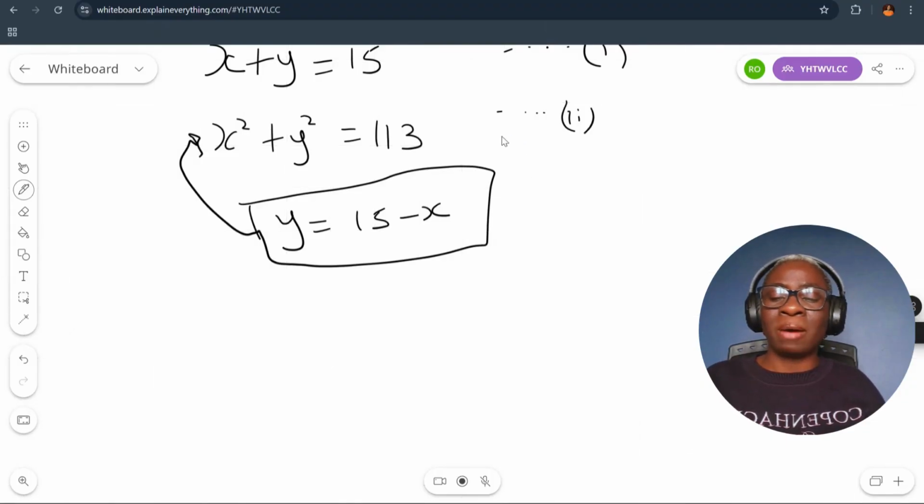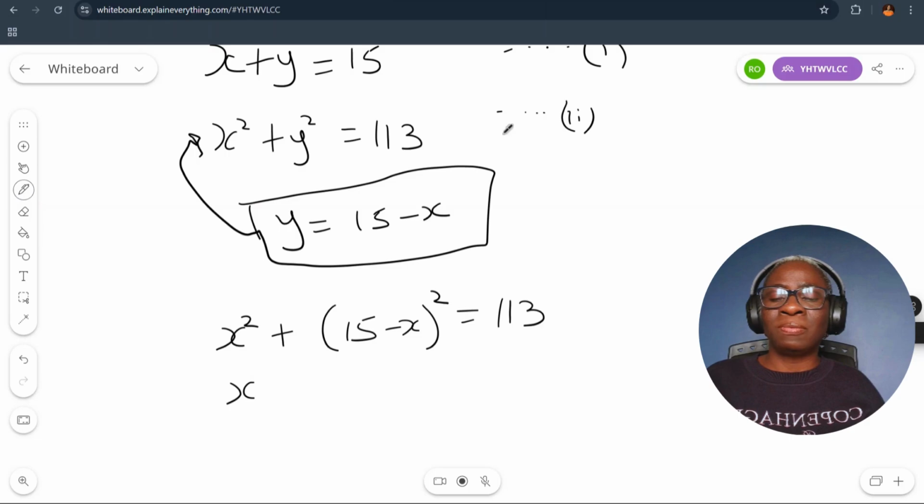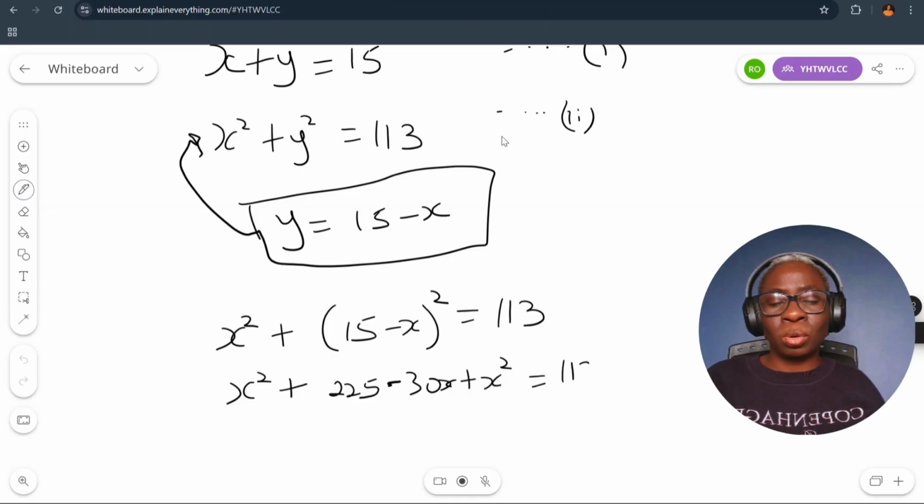So here now we have x squared plus (15 minus x) squared equals 113. So this would give x squared plus (15 minus x) squared, which would give 225 minus 30x plus x squared equals 113.